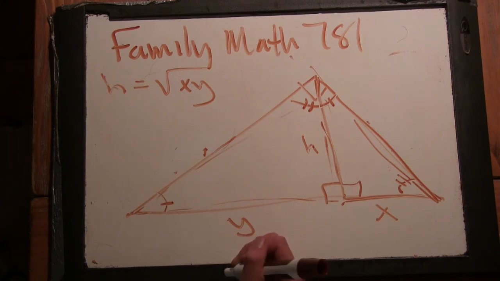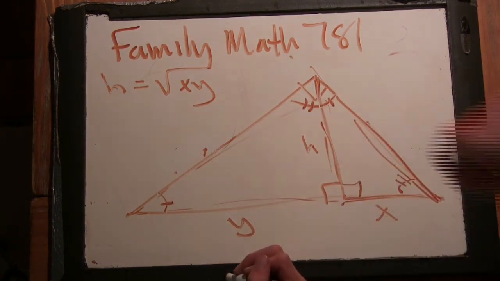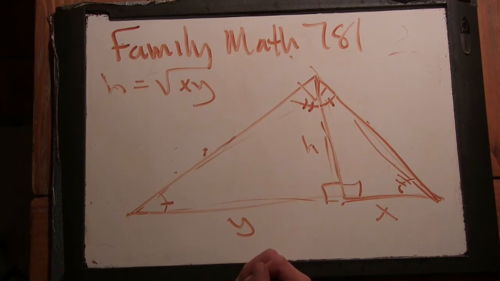Well, if you know the triangles are similar, just knowing this triangle is similar to this triangle is actually going to be enough to help you with that. So what does it mean when triangles are similar? Their sides are in the same ratio, and their angles are the same.